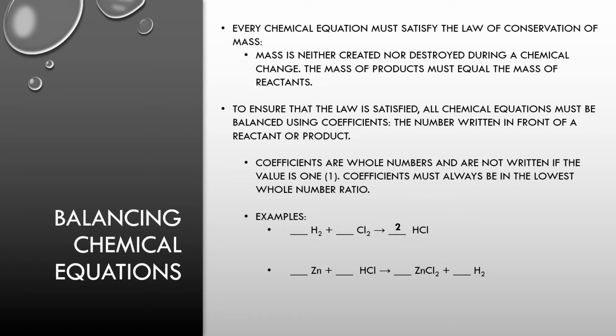Looking at our second example, we have zinc plus HCl produces ZnCl2, and H2. Now, another way that you can do this, if you can't just do a guess and check, you can kind of put a divider up here in the arrow, and then I would write down what you have. So you might have Zn. You have Zn on both sides.